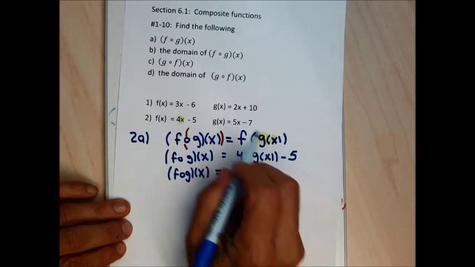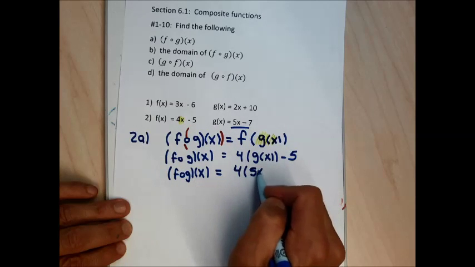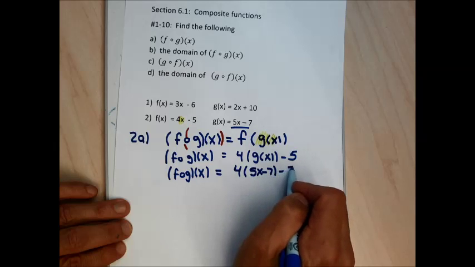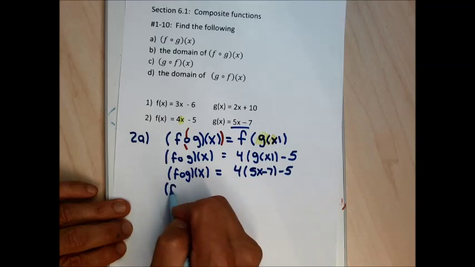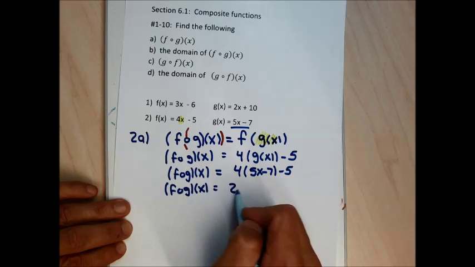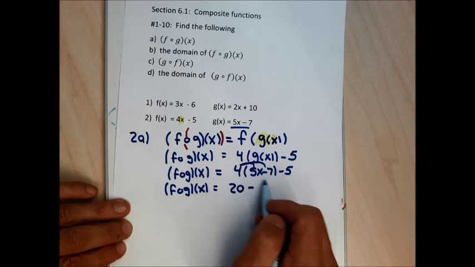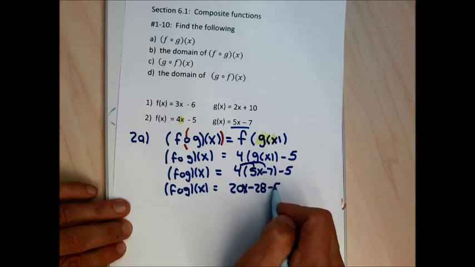Now I'm going to change the g of x to 5x minus 7, and I'm going to get f composed with g of x is 20x, by clearing the parentheses, 20x minus 28 minus 5.